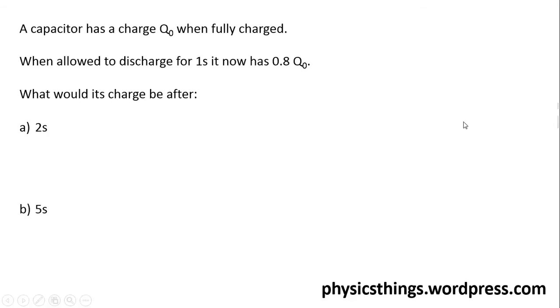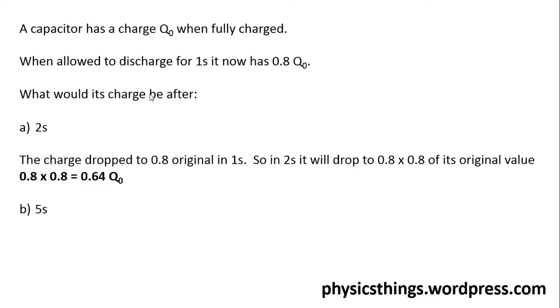So if we imagine that we have a capacitor that's fully charged with a charge of Q0, if it discharges for 1 second, it drops down to 80% or 0.8 of Q0. What would its charge be after 2 seconds? Well, if in 1 second it's gone down to 0.8 of Q0, in 2 seconds it'll go down by 0.8 times 0.8, or 2 lots of 0.8 multiplied together.